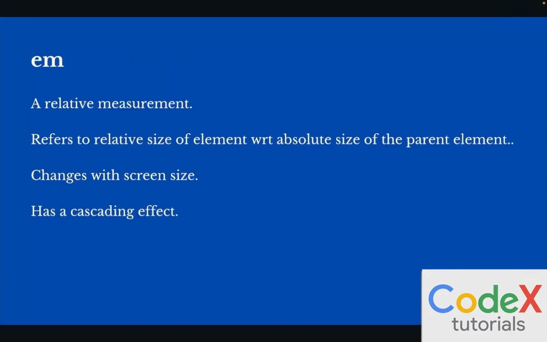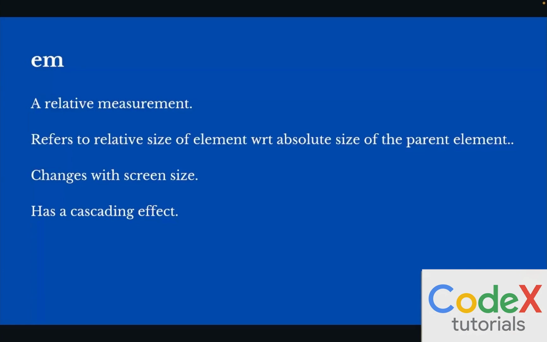Now, one of the trickiest CSS measurement units is something called EMs. EMs are again a relative measurement, and they refer to the relative size of the element with respect to the absolute size of the parent element. That essentially means that if you have defined an absolute pixel size of a parent element, EMs are calculated on the basis of it.